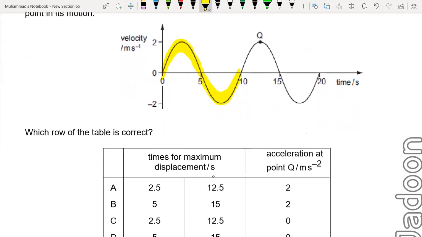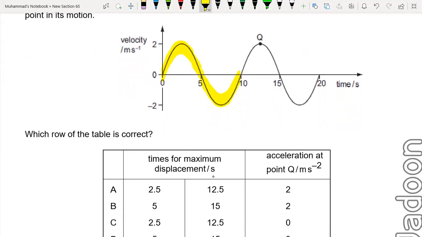Times for maximum displacement. At t equal to 0, displacement is 0. The object's velocity is positive, positive, positive. This means the object is moving in the same direction.